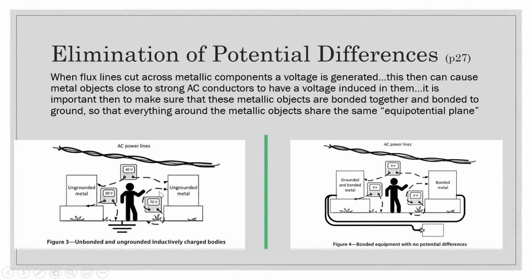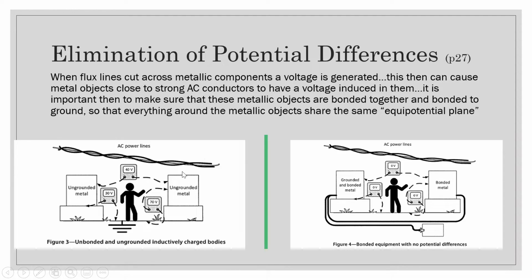So this would be our conductor here. Flux lines are contracting and expanding across it. Now all of a sudden we have what we call induction has occurred. So we've got voltage induced in this metallic object. Depending on how close it is, remember voltage is related to the distance and the density of those flux lines.